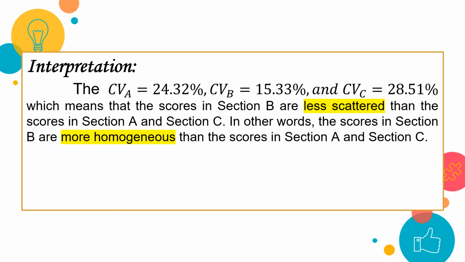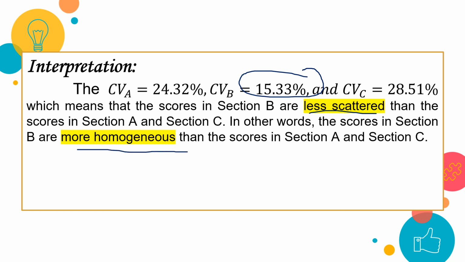The value here is quite smaller compared to the two. So 15.33, therefore the interpretation is less scattered than the scores in section A and C. In other words, the scores in section B are more homogeneous than the scores in section A and section C.